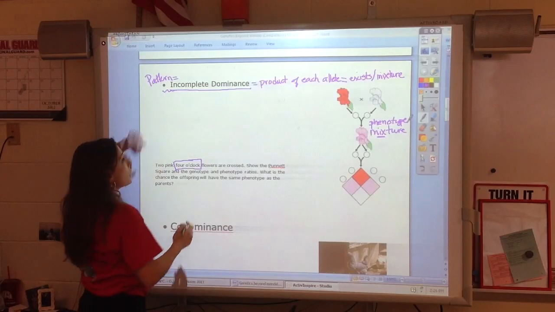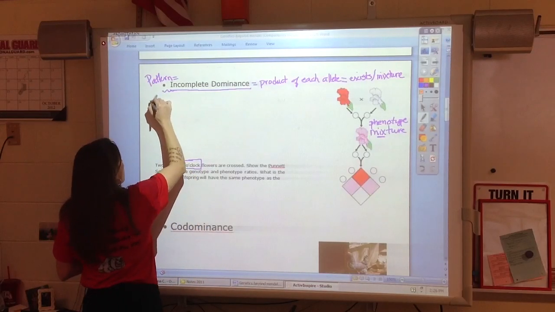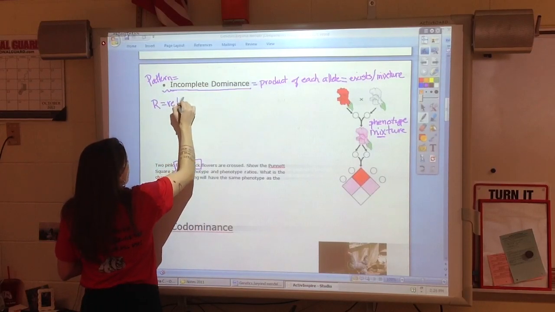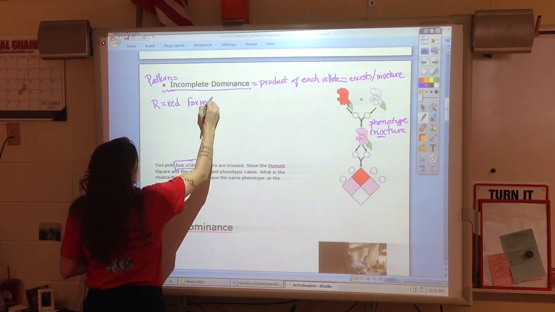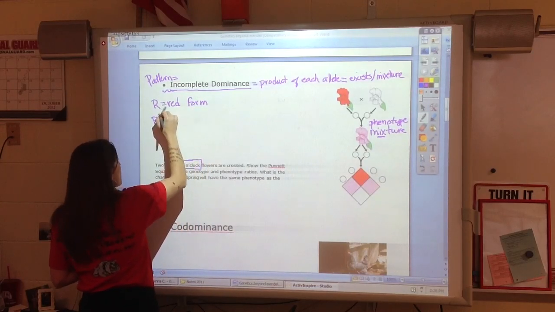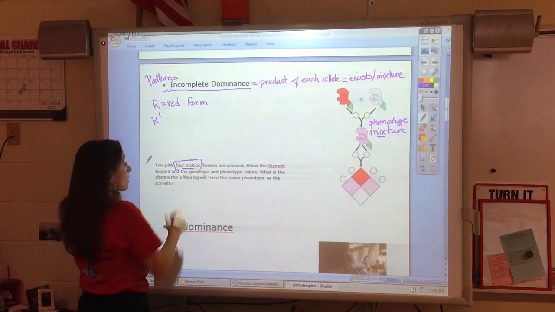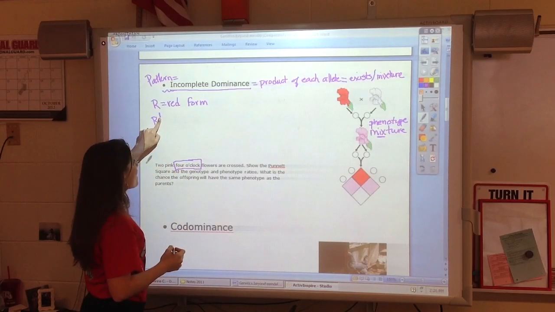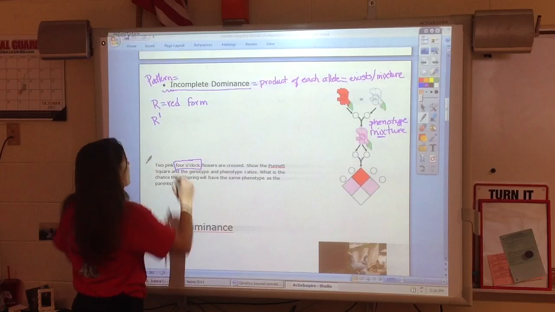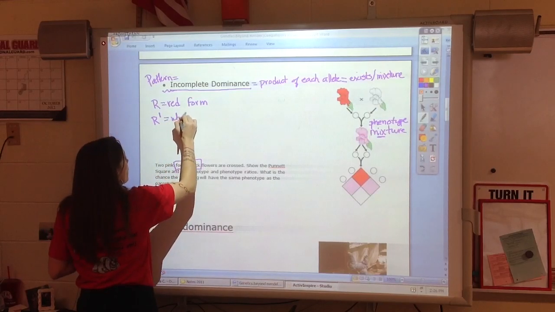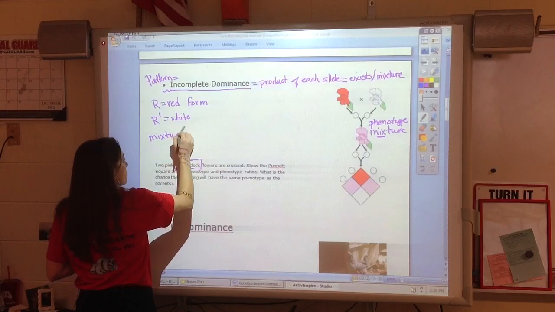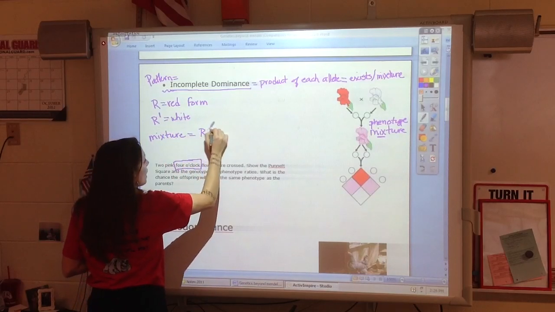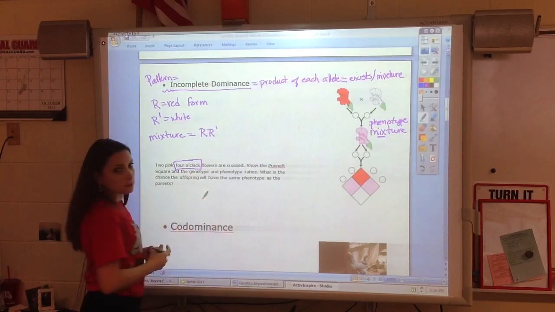In incomplete, we will use one capital letter for one form. We'll use the same capital letter but with a prime symbol. I actually think of it as a little i. And that will equal the other form. The only way to get the mixture is to combine the two.